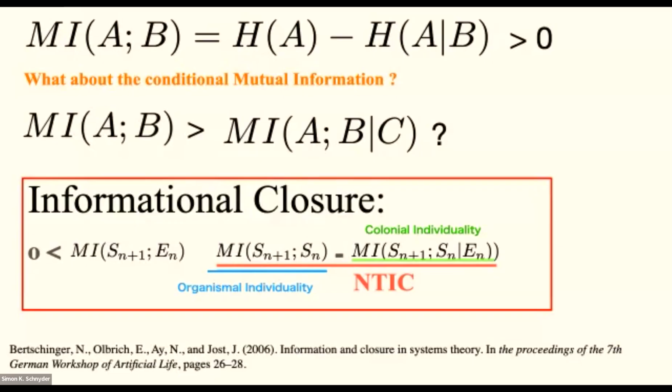Information closure is an interesting idea that is not so trivial from just looking at observations of behavior or some chemical activities. If the information contained by the other individuals is very different from what you have about your future from your current state, then this one minus this one is going to be 0.